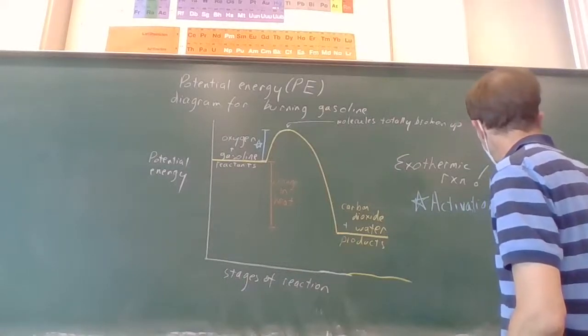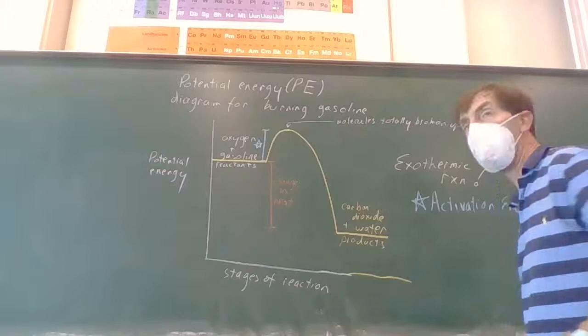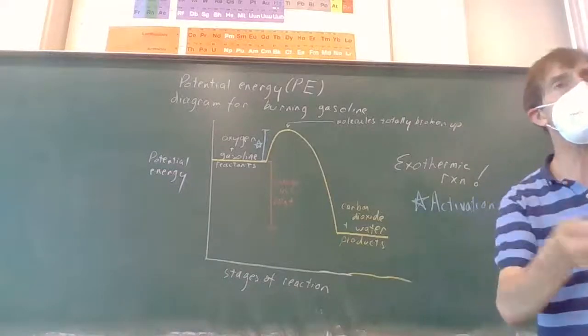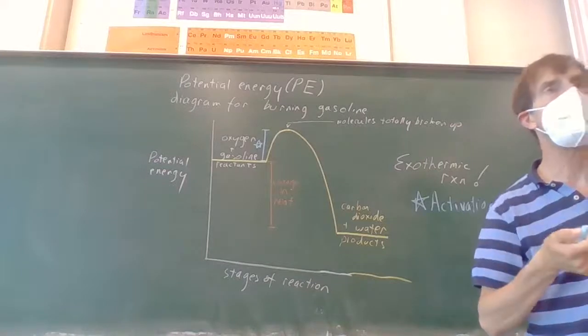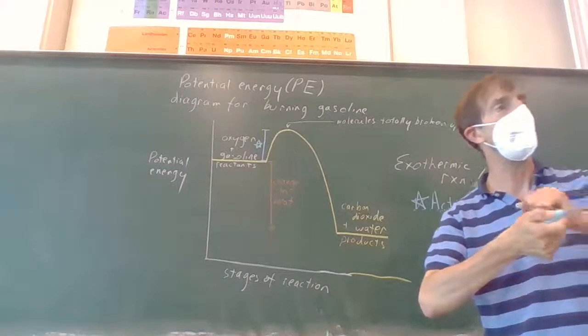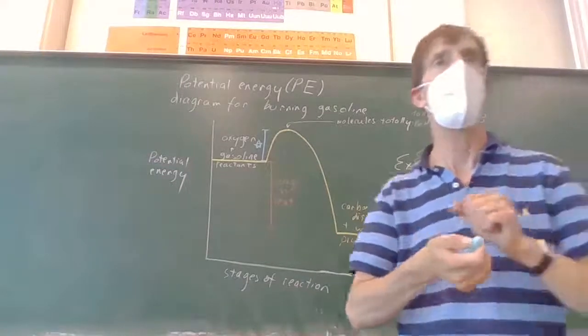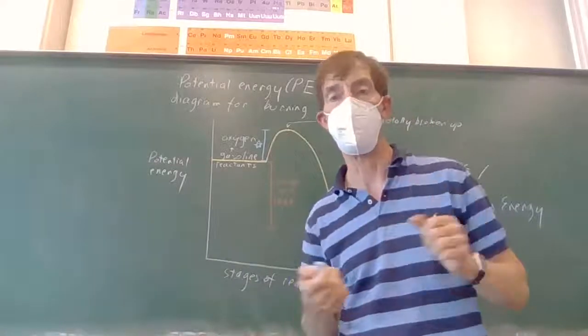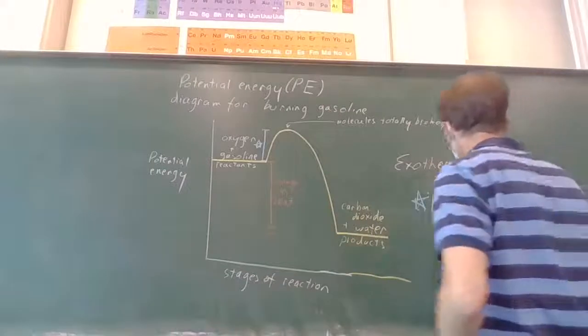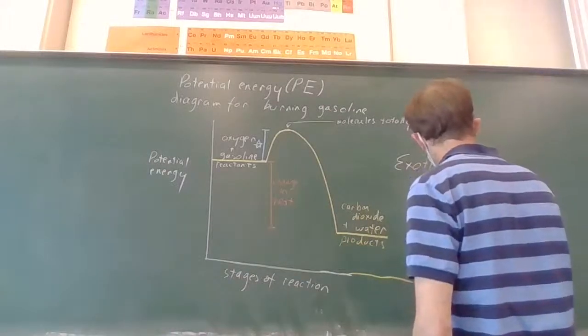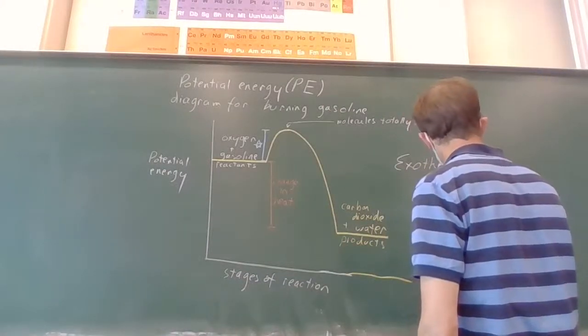Activation energy. Energy to break all of the bonds up. Starts with a B. The bonds. You'll do a lot of bond talk about this next year, okay? Activation energy. And here it's provided by the spark.